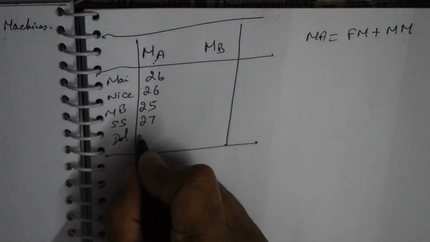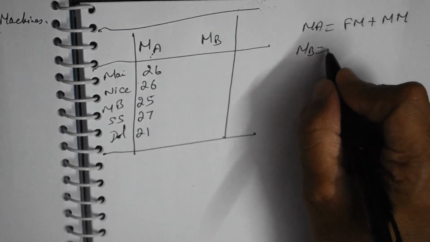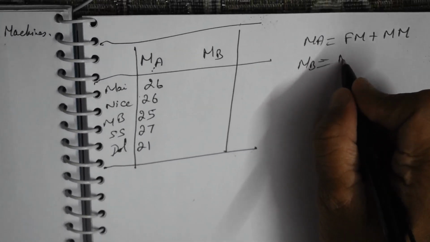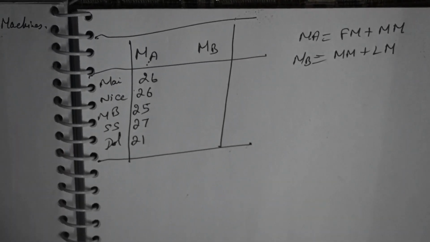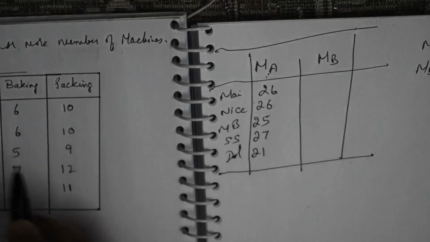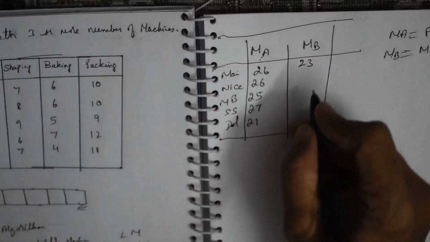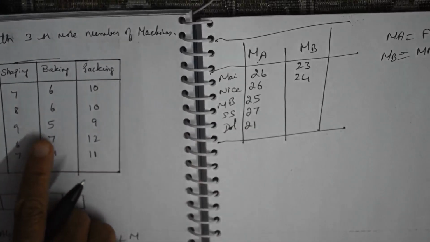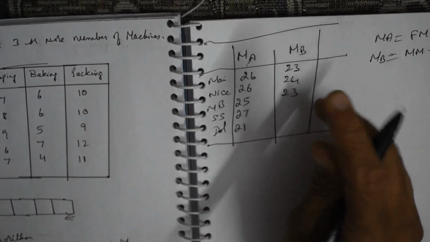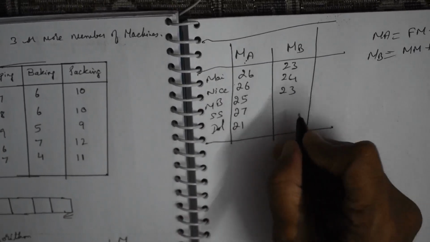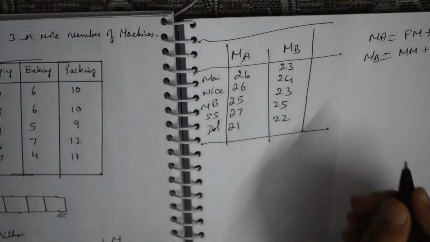Dollar, it is 21. And for machine B, the times are the middle machines plus last machine. Which means 7 plus 6, 13 plus 10, 23. 8 plus 6, 14 plus 10, 24. 9 plus 5 plus 9, which is 23. 6 plus 7 plus 12, 25. 7 plus 4 plus 11, 22.